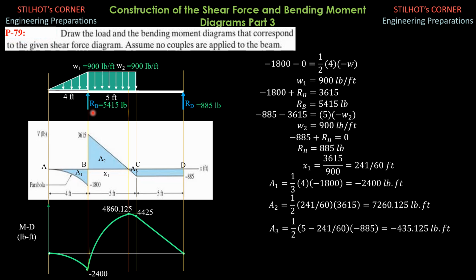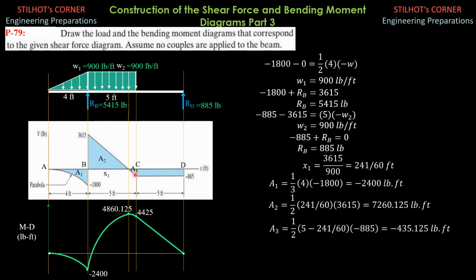So the diagram above should be rectangular, 0 degree, because this is first degree negative. So the change in shear, negative 885 minus 3615, is equal to the area of the rectangle above, which is 5 times negative W2, and W2 is also 900 pounds per foot downward. So it is just extended as shown in the figure.